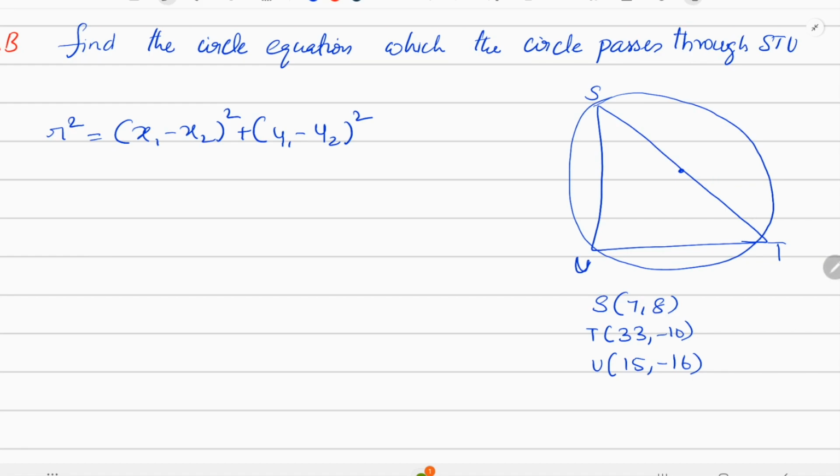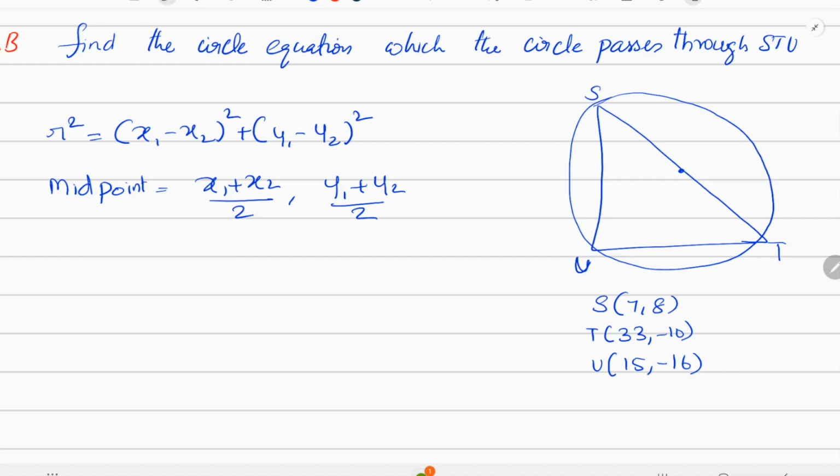Well, how to find the center point? The midpoint is x1 plus x2 over 2 comma y1 plus y2 over 2. Sorry, not the other formula.